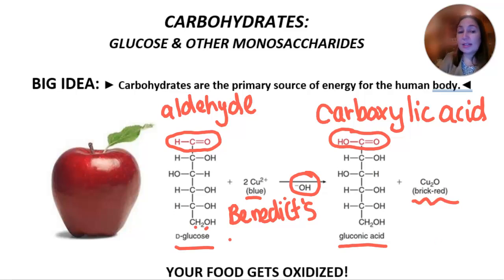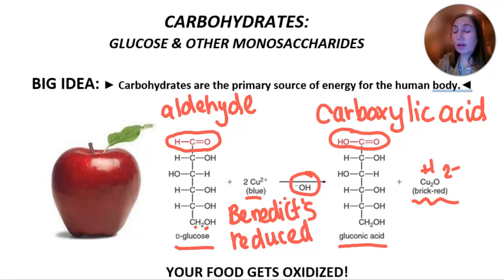Our Benedict's reagent gets reduced. It goes from copper 2+ to copper 1+. That's how we know that it's been reduced. And our glucose gets oxidized to a carboxylic acid.